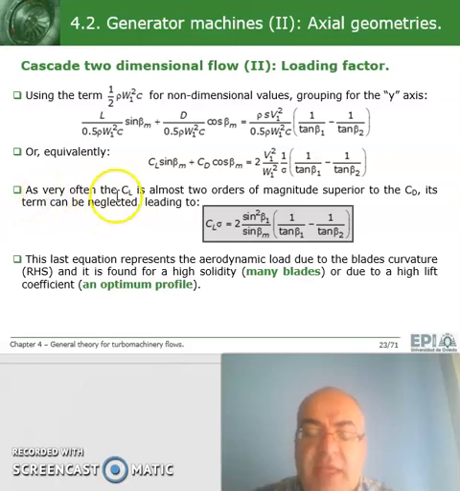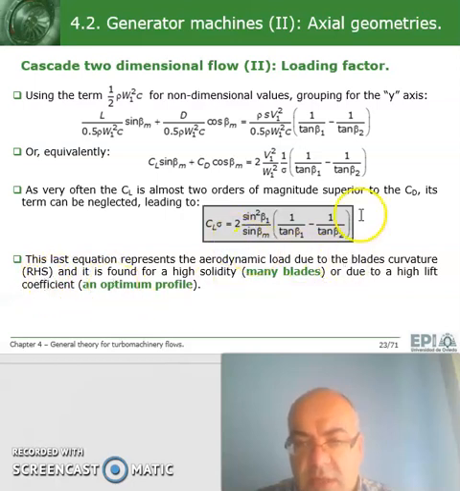And very often the lift coefficient is much higher than the CD, so CL is higher than CD, so we can neglect some terms, and we can reach this term, which represents the aerodynamic load due to the blade's curvature. This is the right hand side of the equation, so that part here.